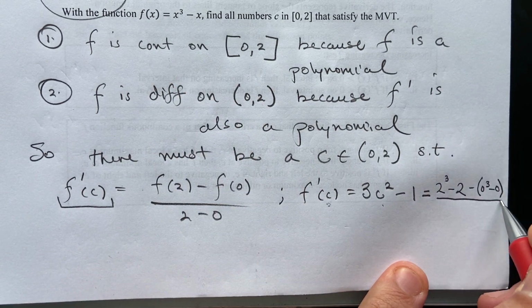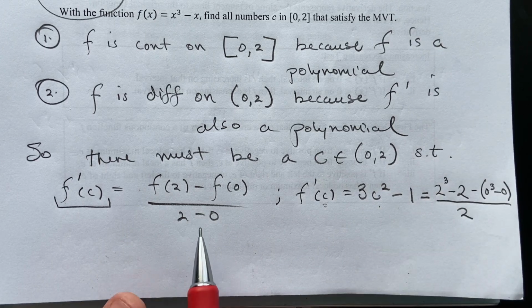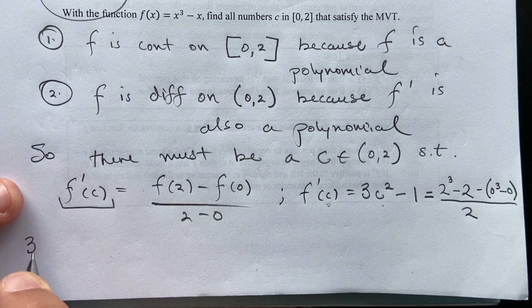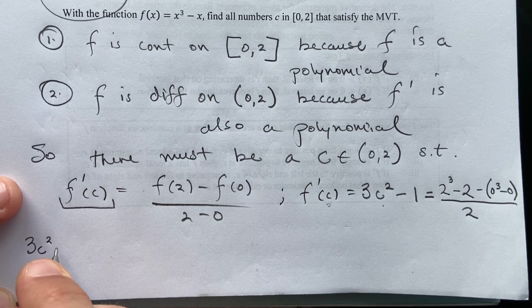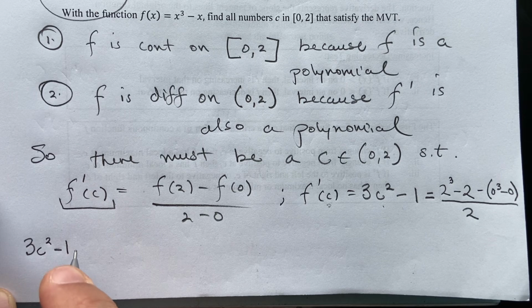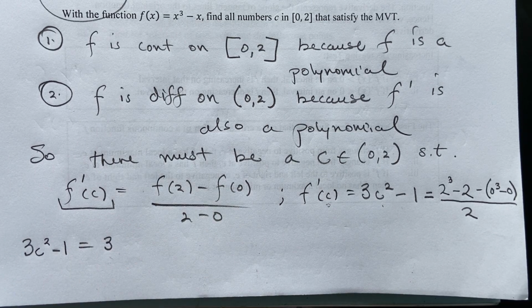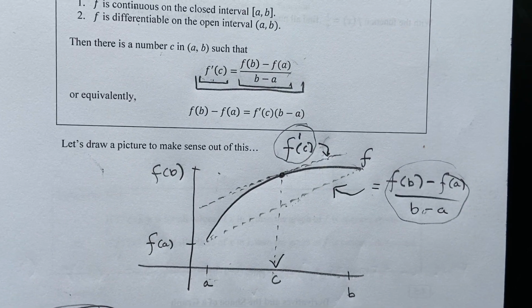This is all over 2. Right, 2 minus 0. So now what I'm solving is this equation. So I'll have 3c squared minus 1 equals, after some simplifying, you'll see that this number is 3, right? You have 8 minus 2, which is 6. 6 over 2 is 3. So I'm solving this equation for c, and that c will be the c that the theorem is mentioning.